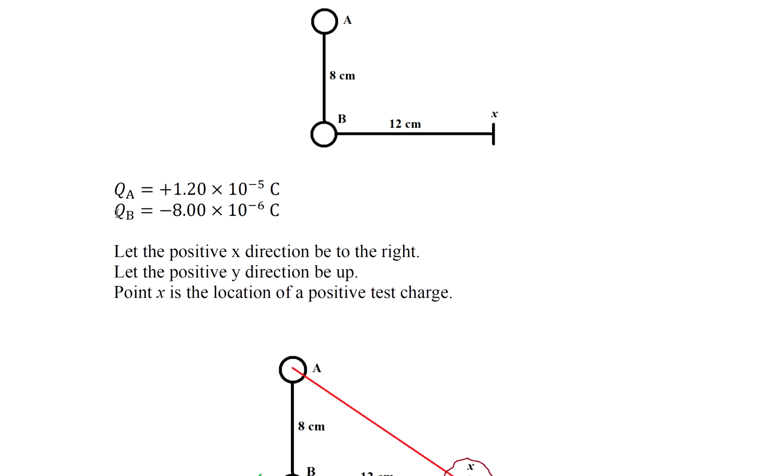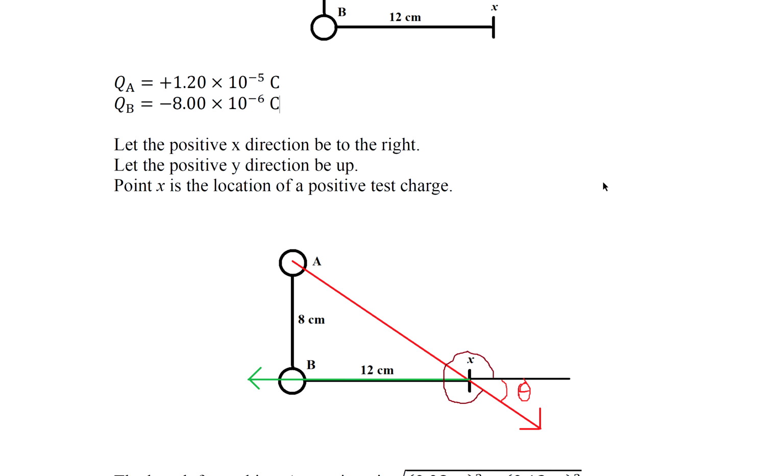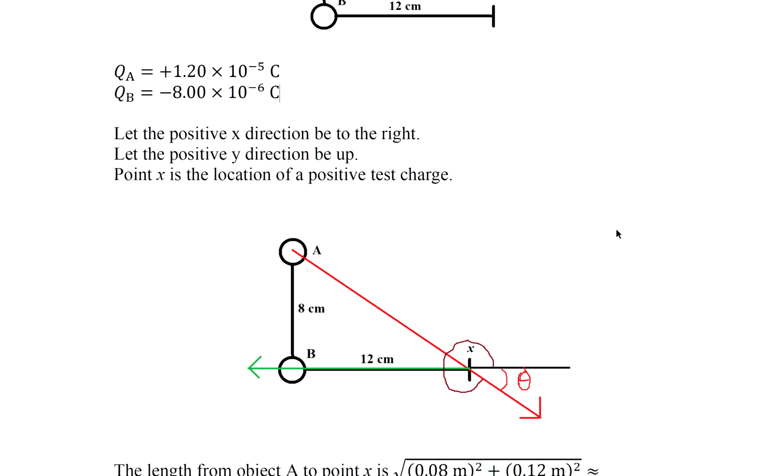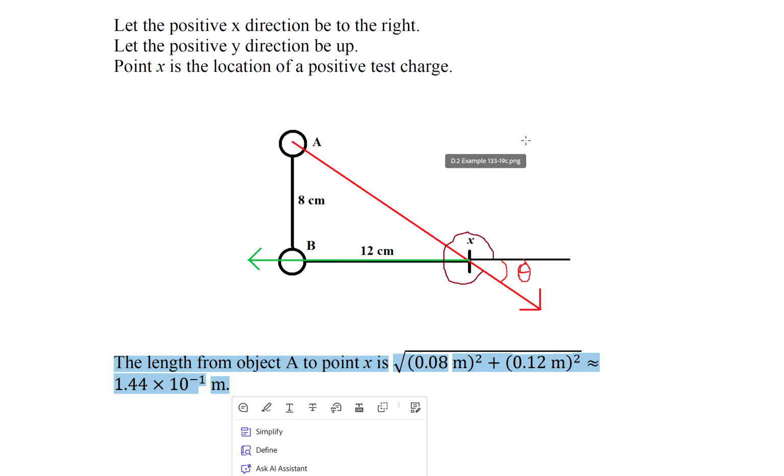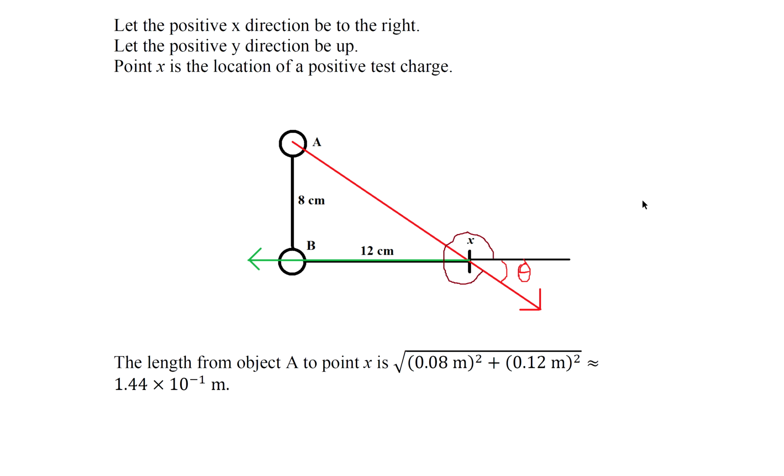And if B is negative, it's going to pull this positive test charge to the west. So what's this theta here? Okay, that's what we should figure out. We need to find this length from A to x, using geometry or trigonometry.